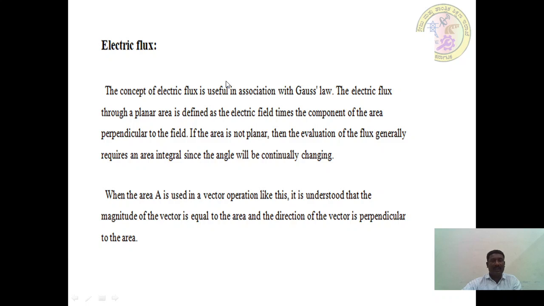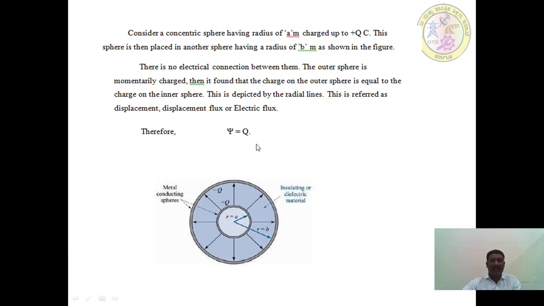Okay, to understand this concept, let us consider this figure. With the help of this figure, let us define what is the electric flux and what is the electric flux density.